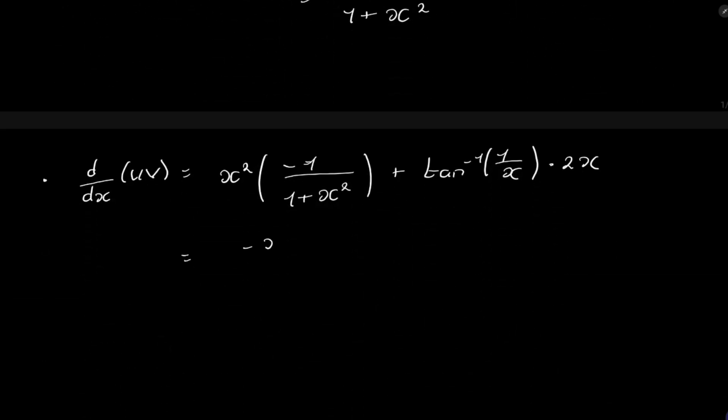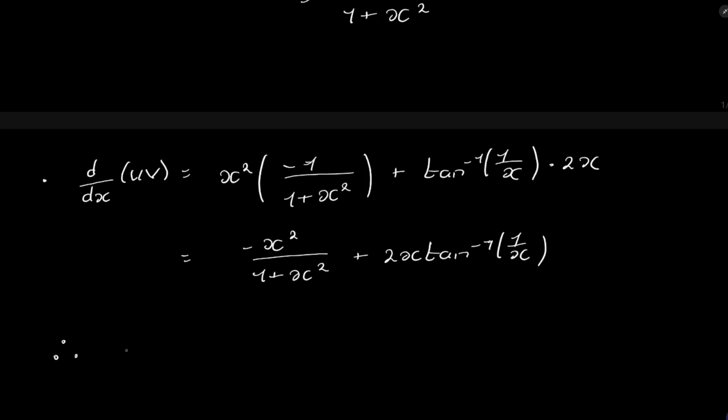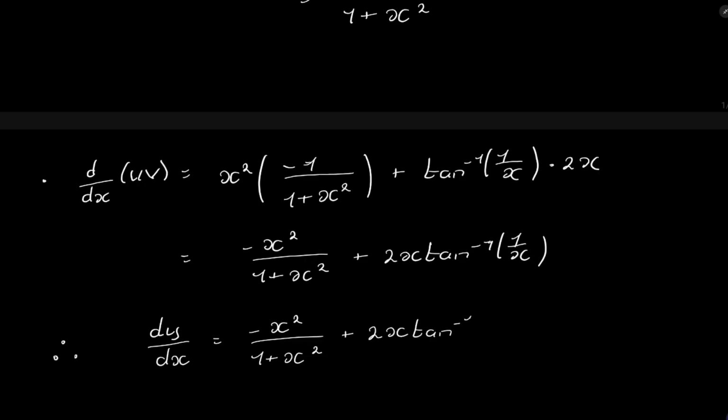Simplifying this further, we have minus x squared on 1 plus x squared plus 2x tan inverse of 1 on x. So we can then conclude that the derivative of our function y, dy on dx, gives us the function negative x squared on 1 plus x squared plus 2x tan inverse of 1 on x.